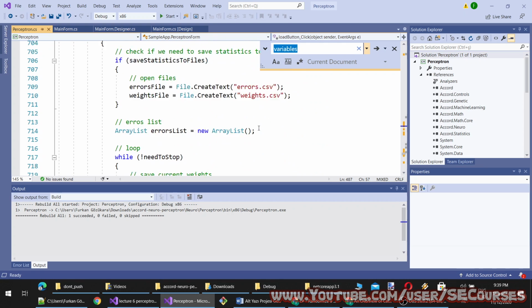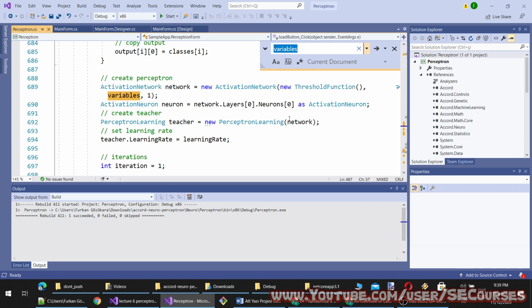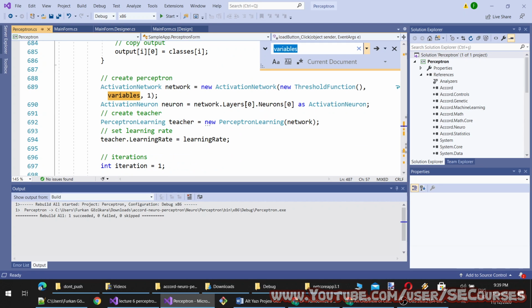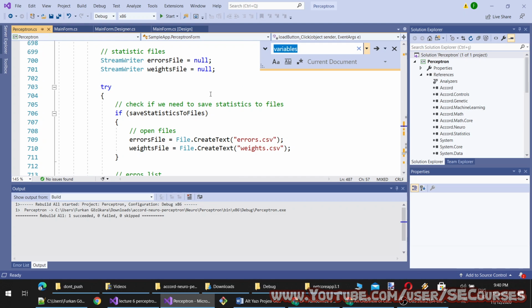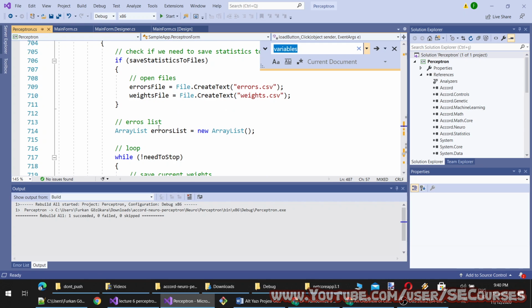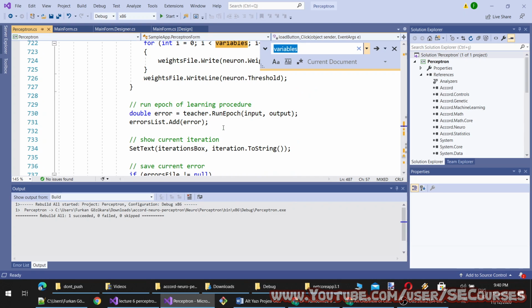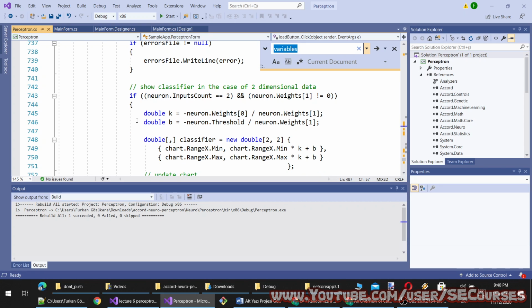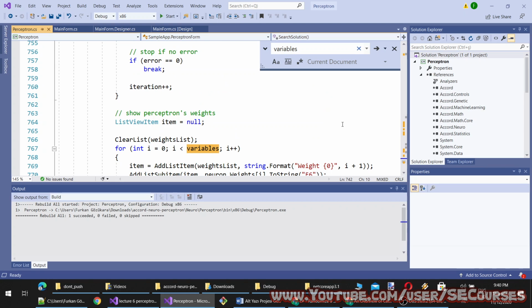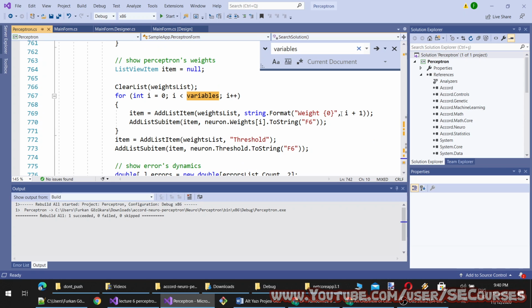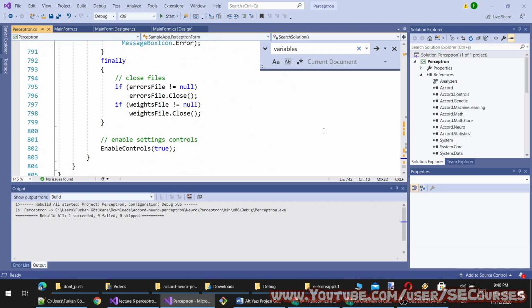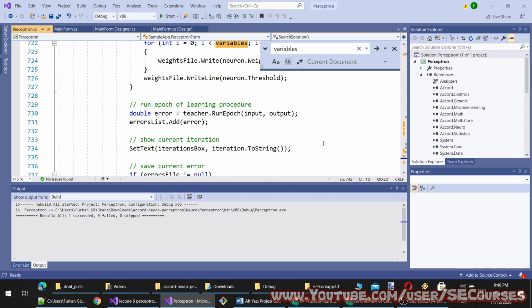Okay, so where is the learning? It takes a network, and the network takes the variables count. Okay, I still couldn't find where the training happens.